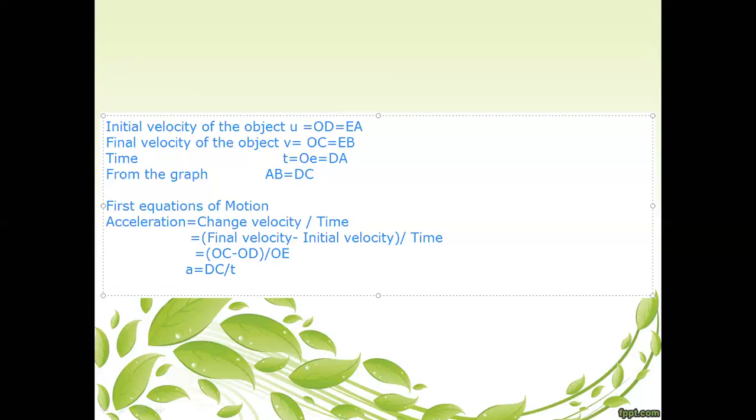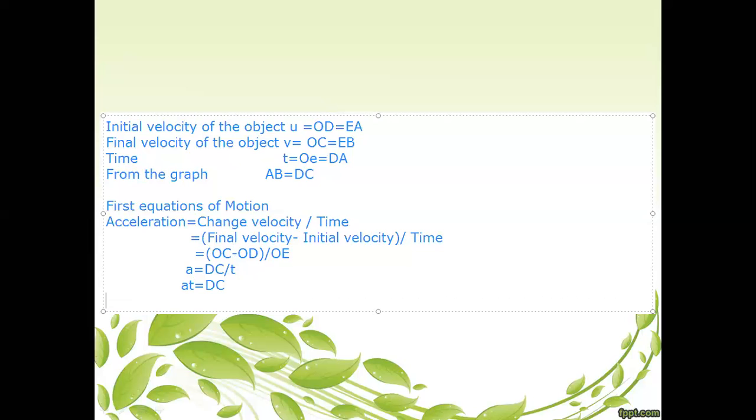So aT equals DC. We also know from the graph that DC equals AB.